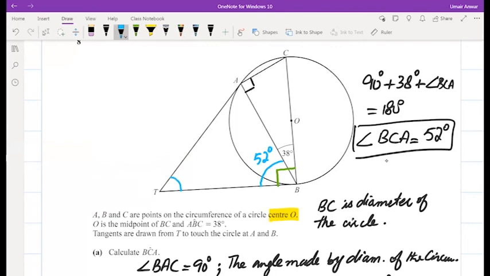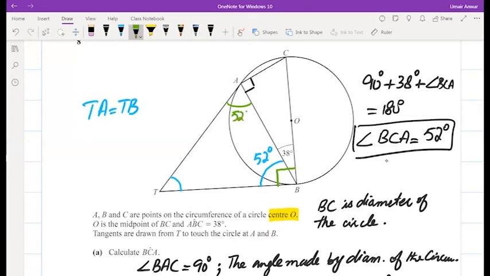Now the second argument is, since in this triangle, sides TA and TB are equal to each other because they are the lengths of the tangents drawn from the external point to the same circle. So both of them are going to be equal to each other. TA is going to be equal to TB. In an isosceles triangle, the angles opposite to the equal sides are also going to be equal to each other.